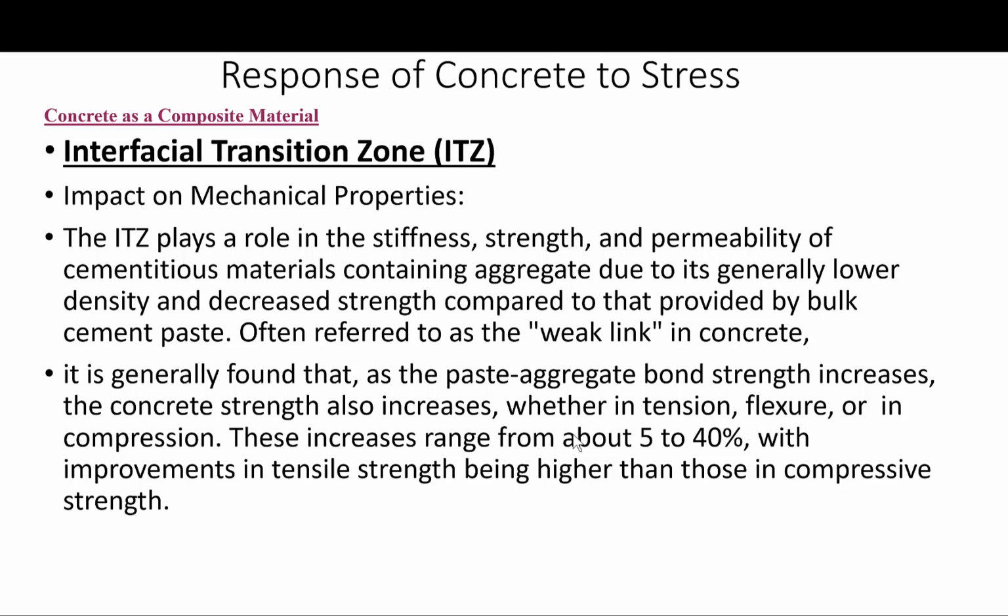However, to produce truly high strength concretes, in the range of above 70 MPa or 10,000 psi, it is necessary to increase the strength both of the paste matrix and the paste aggregate bond. That is very important in order to produce this high strength concrete.